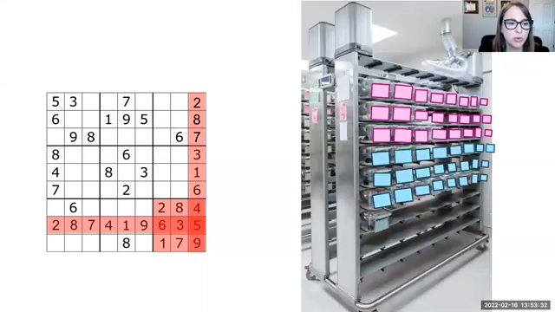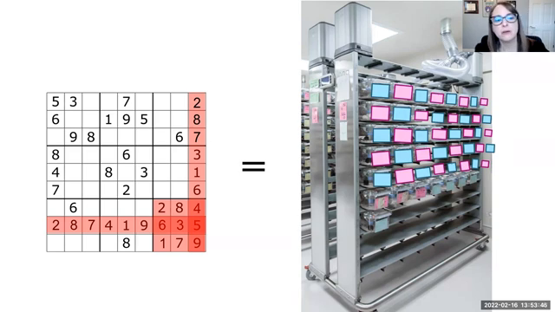We want to replicate that in the way that we set up animals on our racks. Obviously this is not Sudoku, but if we do something like this, where it is even across top and bottom, left to right, we better achieve that balance and randomization with respect to this variability.